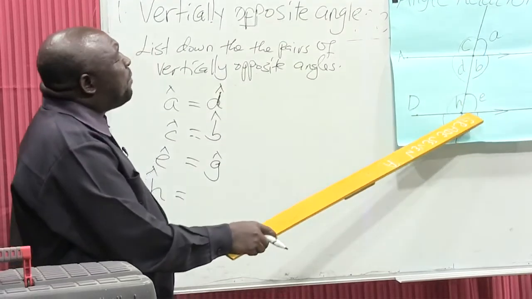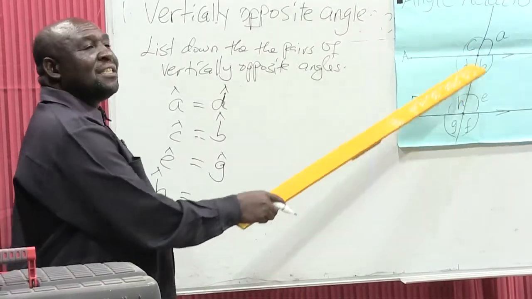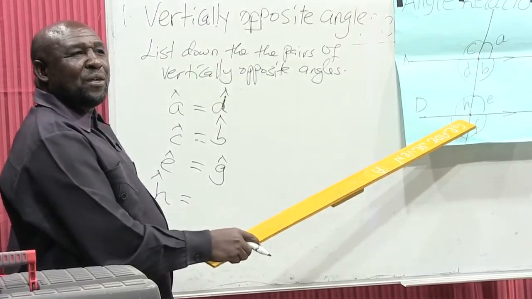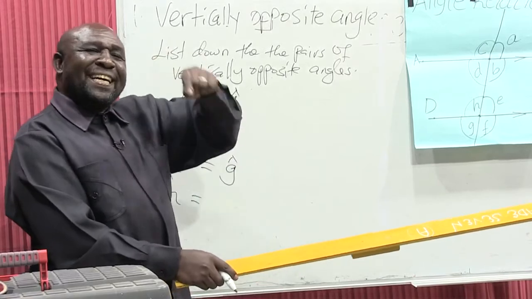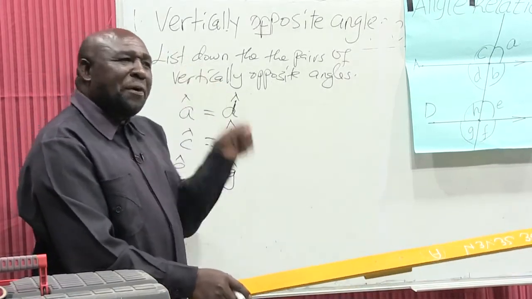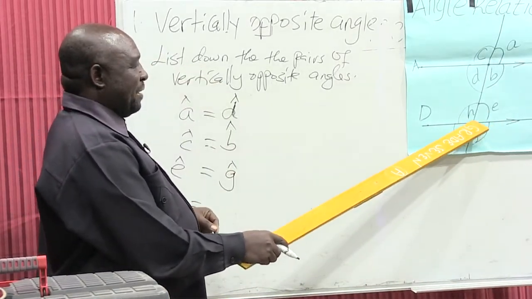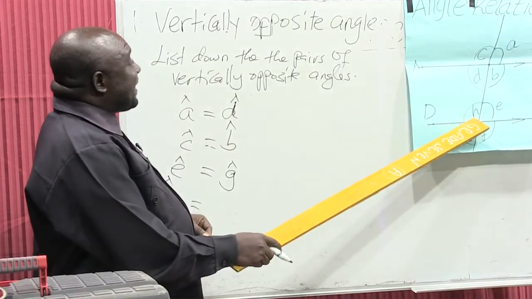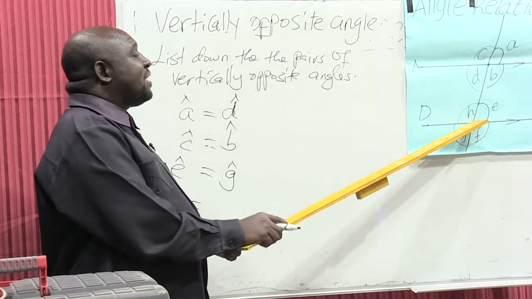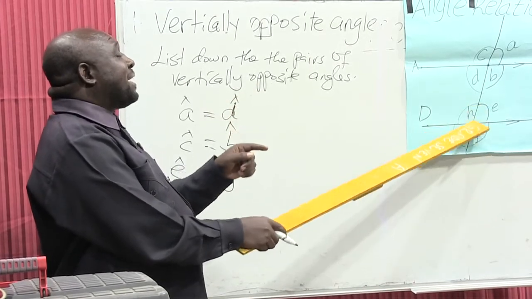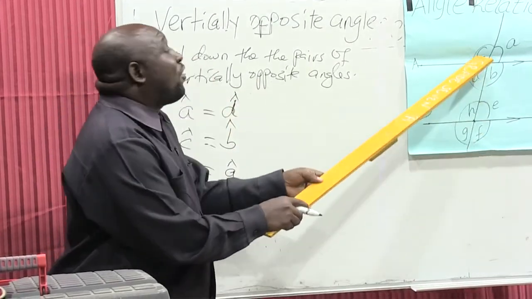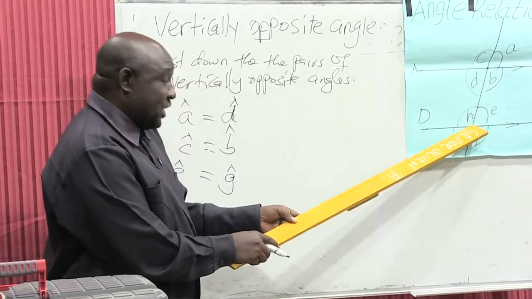That is a different point. We said vertically opposite angles must be at the same point. Okay? So H is at this particular point. So another angle which is vertically opposite to H must be at the same point. Not here, but the same point.